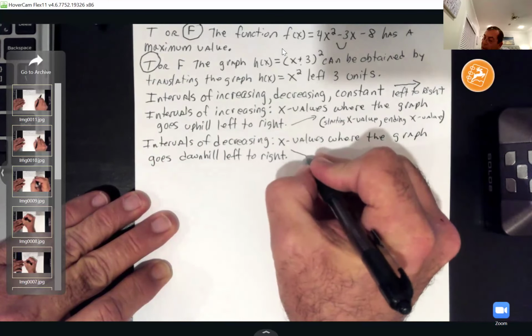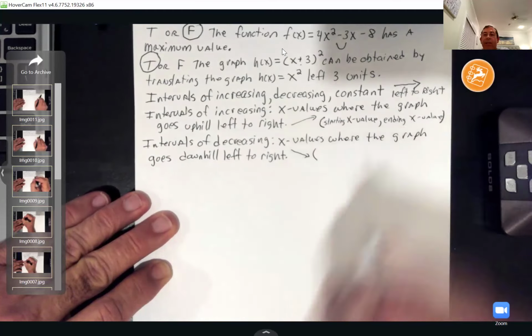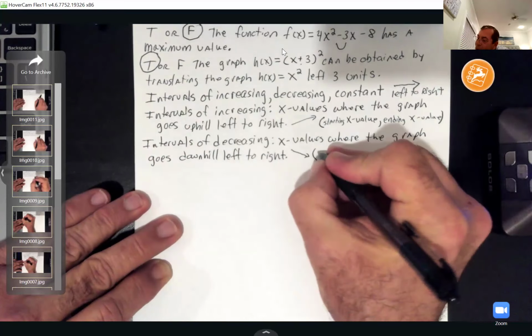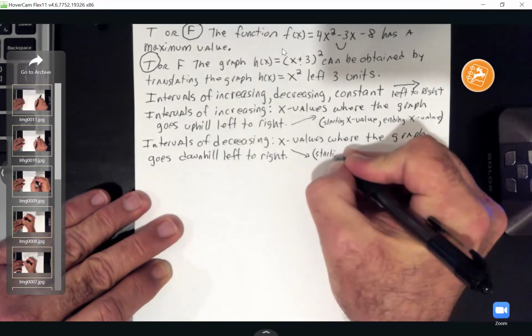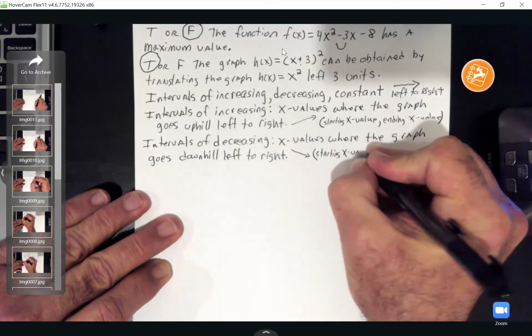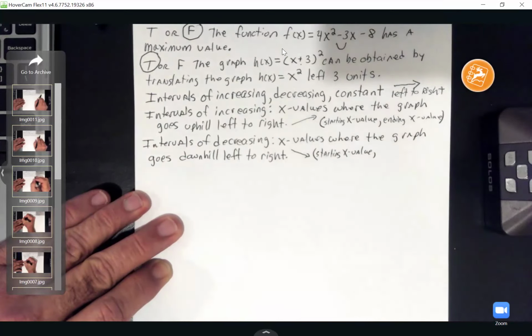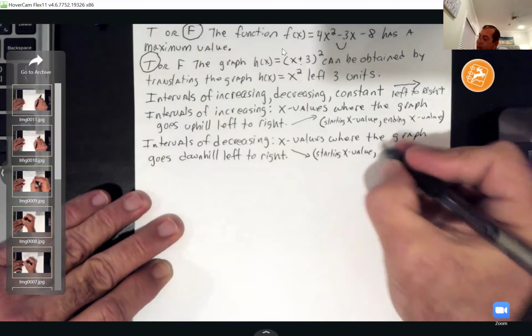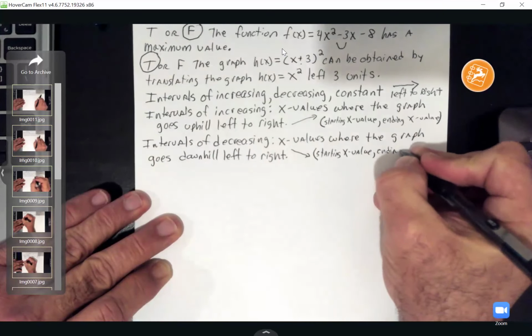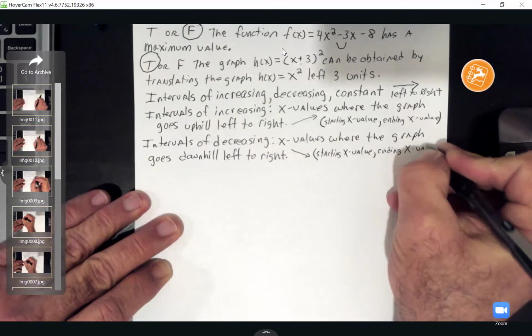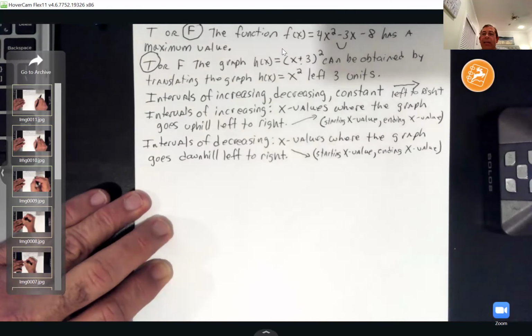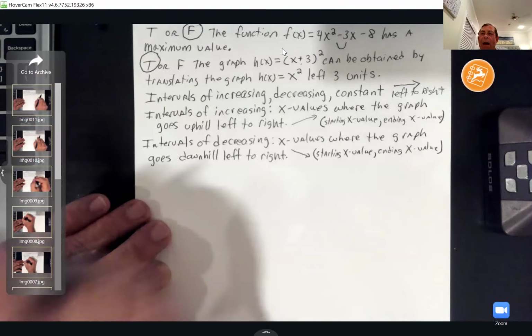So downhill. And guess what? You're still going to have a starting x value and an ending x value. Once again, no mention of y values.